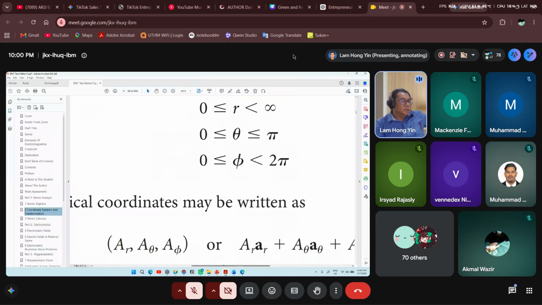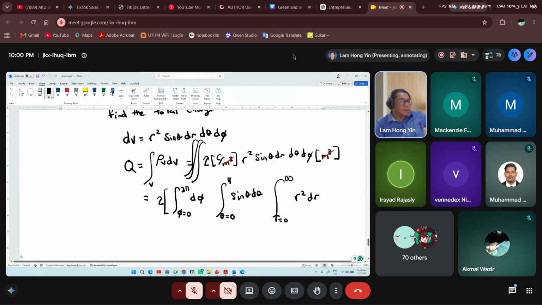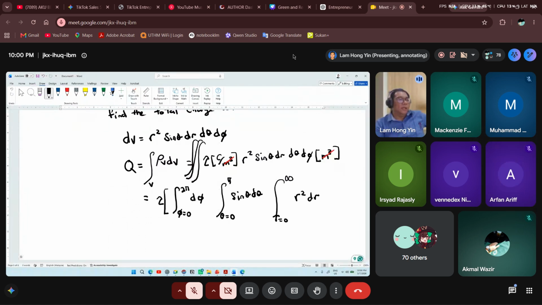Because in here, they wrote it from 0 to infinity. Can I? Boleh tak? Boleh ke tak boleh?